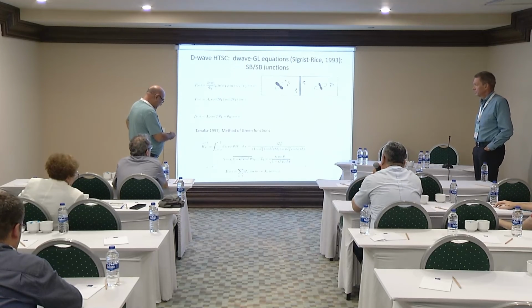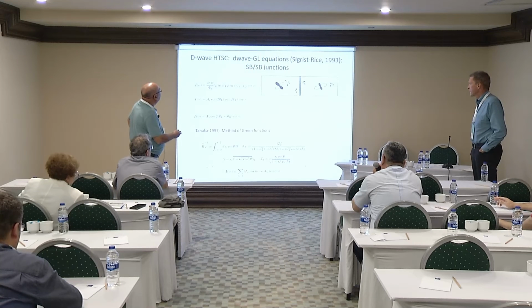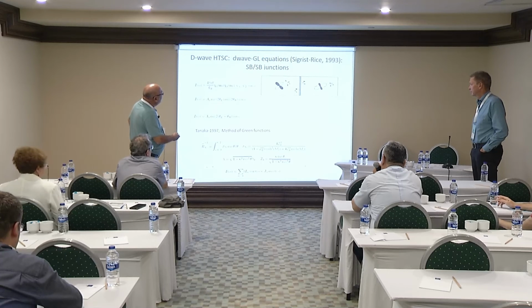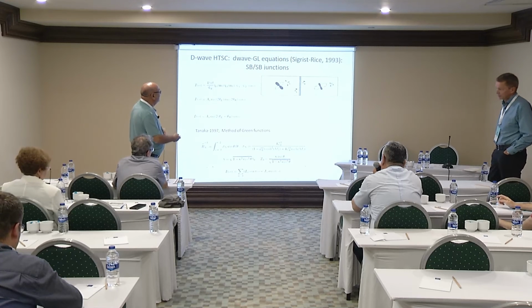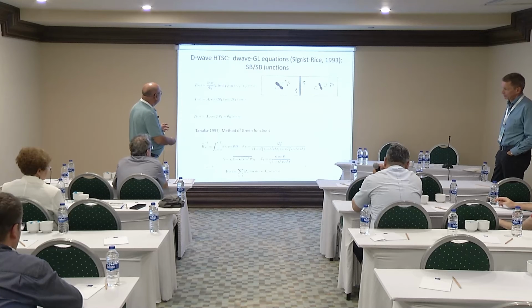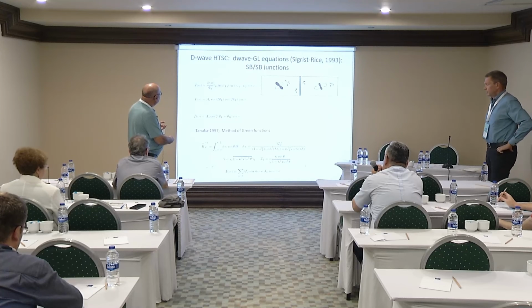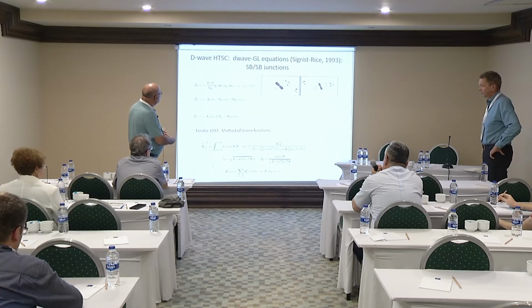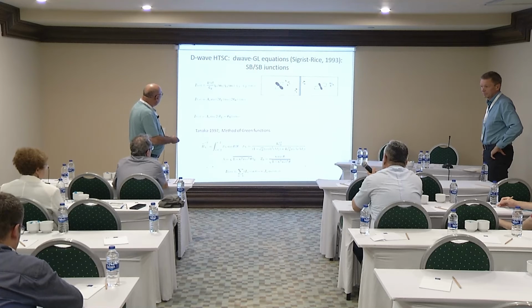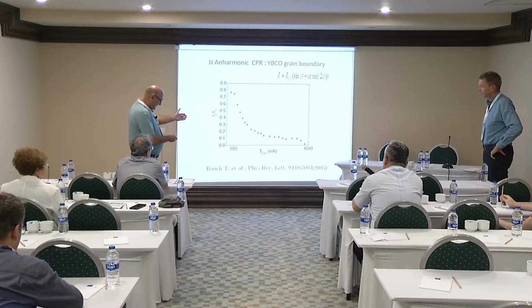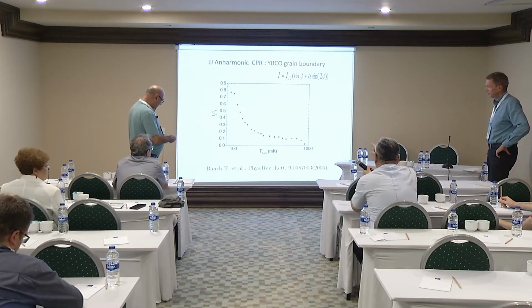As I understand, in the first paper by Sigrist and Rice, the first calculation taking into account the D-wave character of symmetry of the order parameter in left and right superconductors leads to this result, sine phi. But here we have the coefficient of sine 2 phi, with theta left and theta right, and the inclusion of this term is related to taking into account the D-wave character. From another point of view, as you can see, there are experimental results.